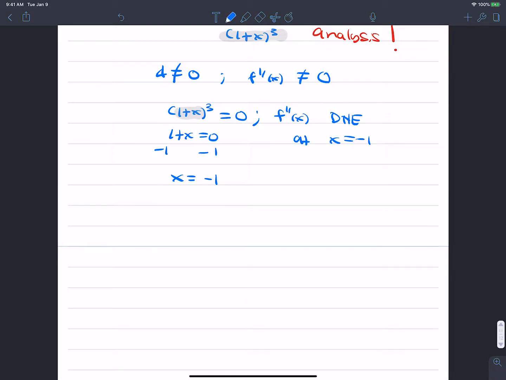Let's see if we could do this. Because we can say at -1, the second derivative is undefined there, or it does not exist, right? However, I want to point out to people here, is -1 even in the domain? Nope, because you have a vertical asymptote there.